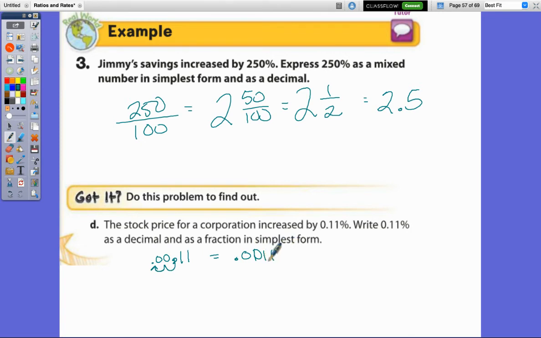And we have 10,000ths. And then we're going to write that as a fraction in its simplest form. So we say its name, it's 11/10,000, and that is what we get.